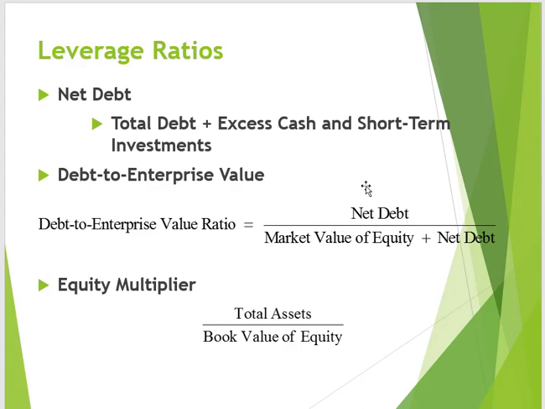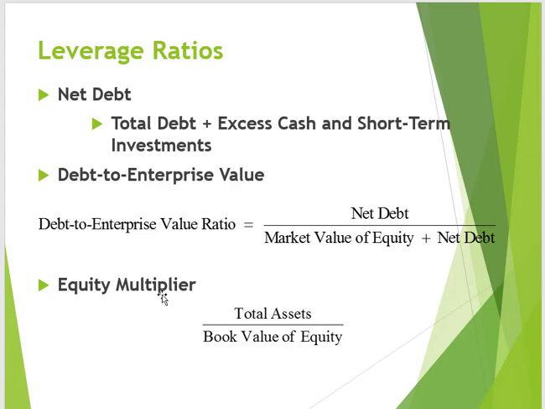This just tells us of the total company's enterprise value, of the total picture of what it would cost to buy this entire company, how much of that, what percentage of that is debt? Of course, the lower that number, the more valuable the company would be to anybody who would want to purchase that company.